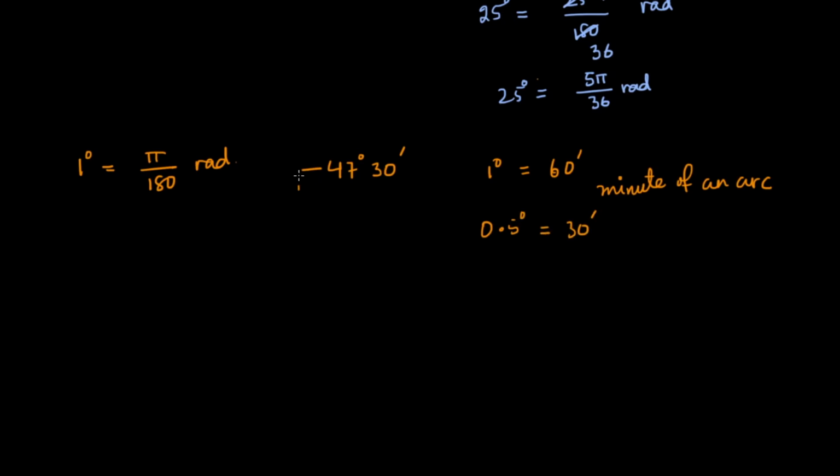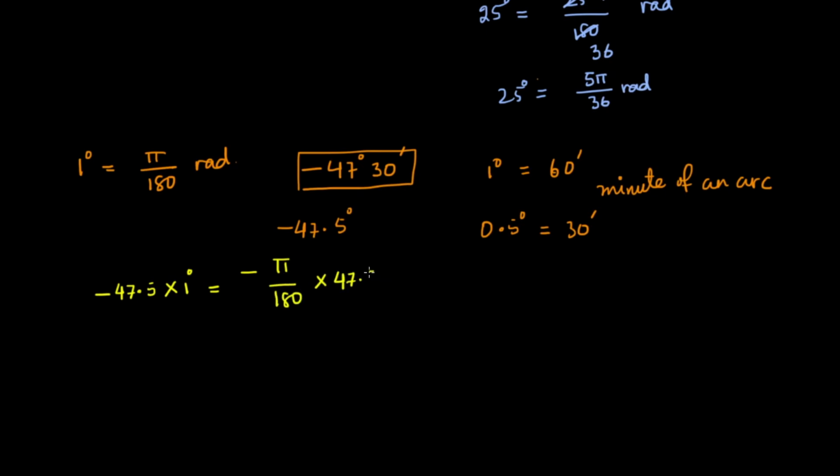So this whole thing we can write as minus 47.5 degrees, right? Now it's just a simple operation. From here we multiply minus 47.5 on both sides. So minus 47.5 times 1 degree is equal to pi by 180 times minus 47.5 radian, right?